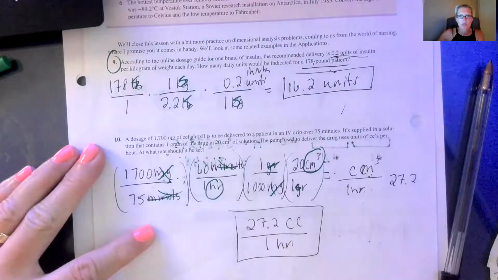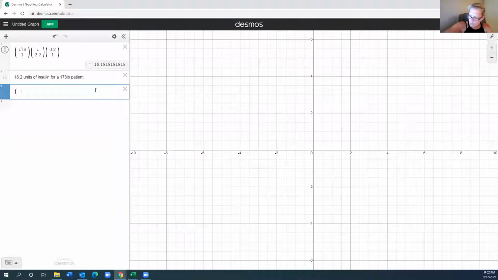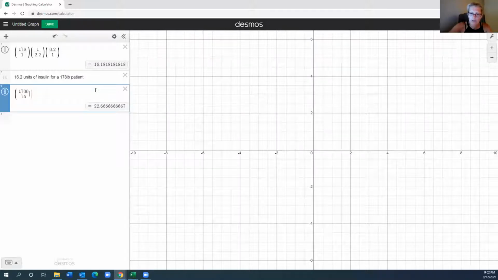And I'm going to show you in Desmos how you can do that. So you get 1700 divided by 75. And then 60 divided by 1. And then 1 hour divided by 1000 milligrams.